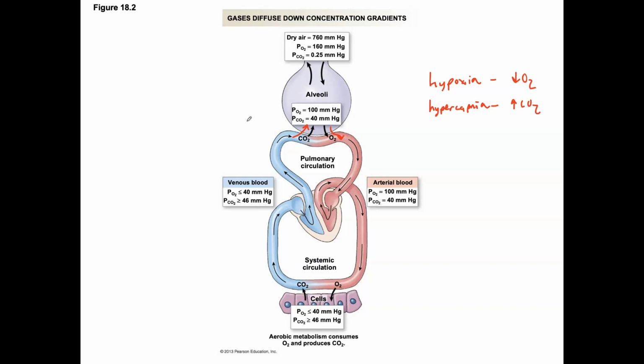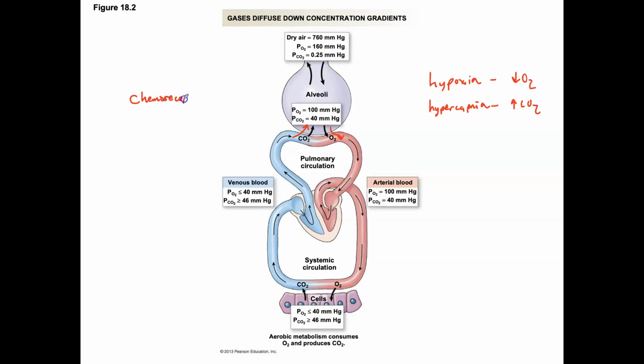In order to monitor what's going on in the respiratory system and essentially the cardiovascular system as it relates to gases, we use chemoreceptors.